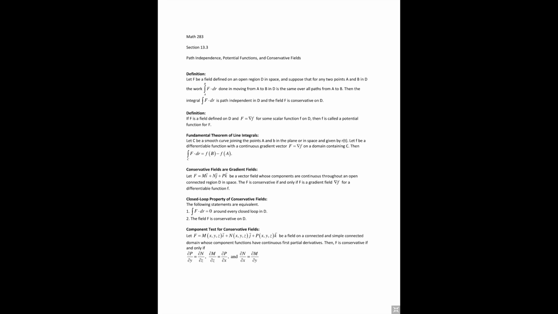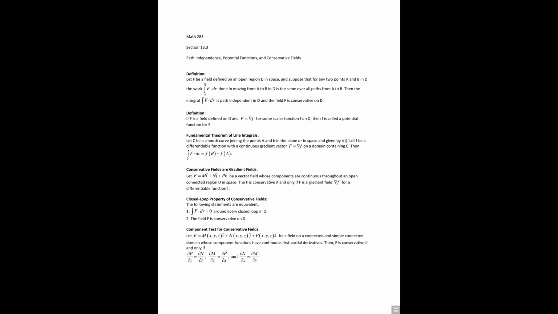Then F is conservative if and only if F is a gradient field, the gradient of f for a differentiable function f. And we're going to talk about how we determine if a field is conservative.